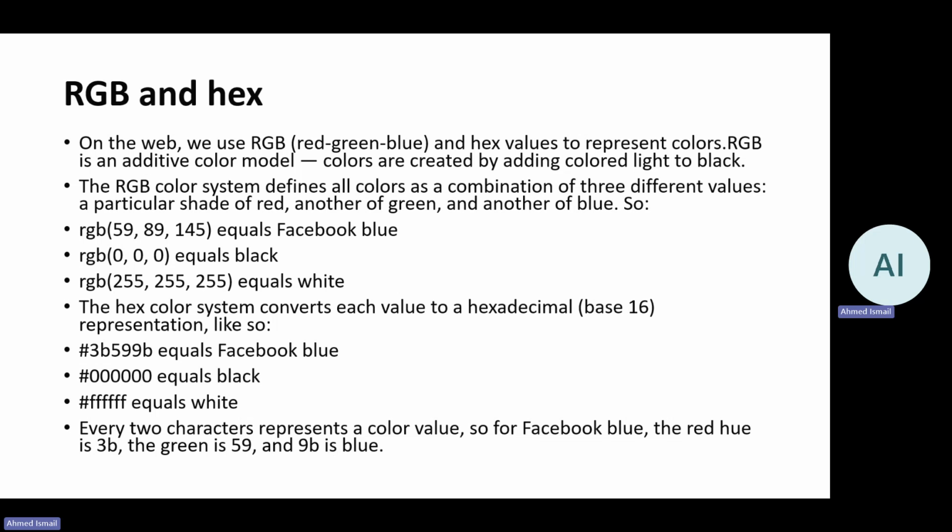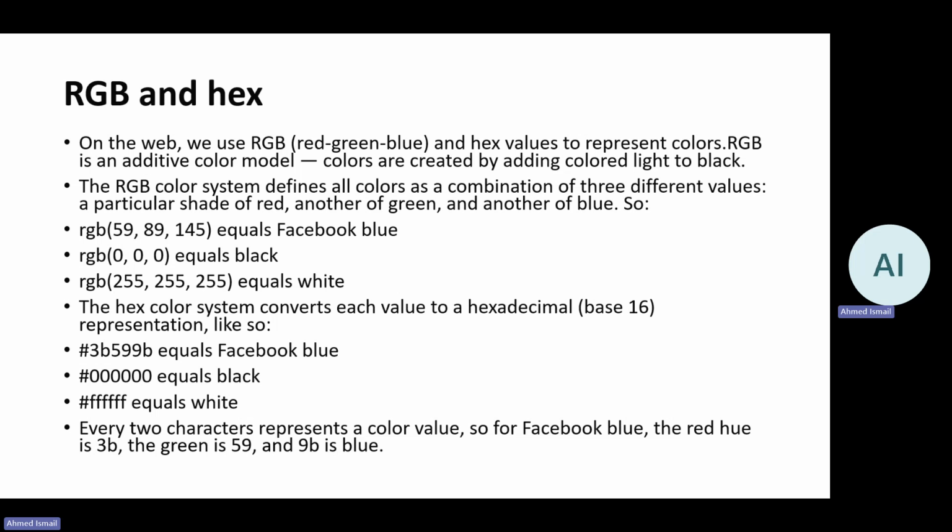So RGB 0,0,0 equals black, which means zero light of red, zero light of green, zero light of blue. So it's black. And 255,255,255 is the maximum, the maximum light of white. It becomes all so bright and light, so it's fully white.